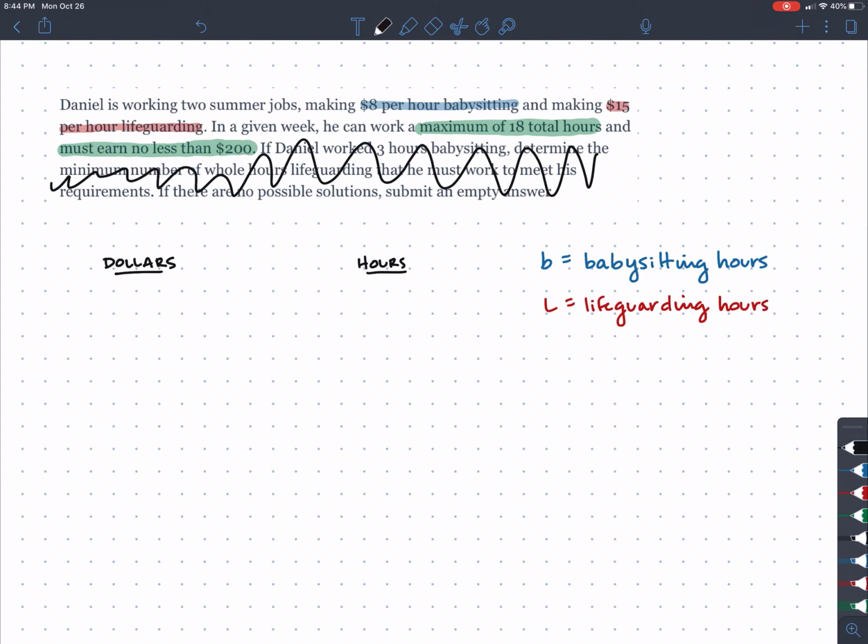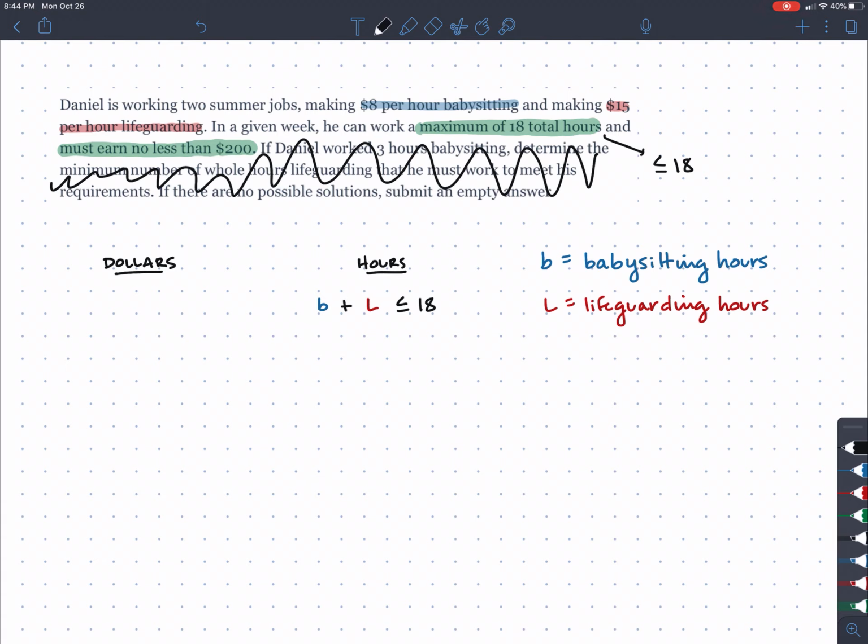Then his babysitting hours plus his lifeguarding hours have to be less than or equal to 18. For this maximum we should choose less than or equal to 18.